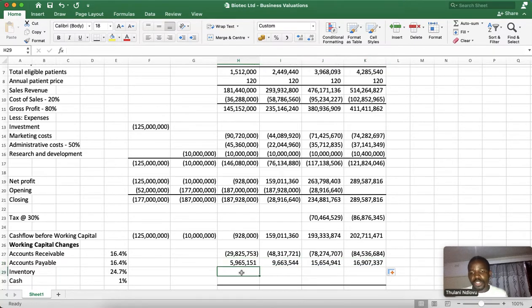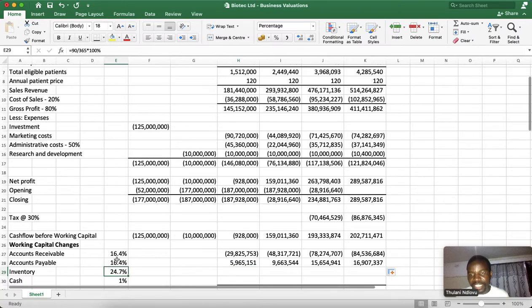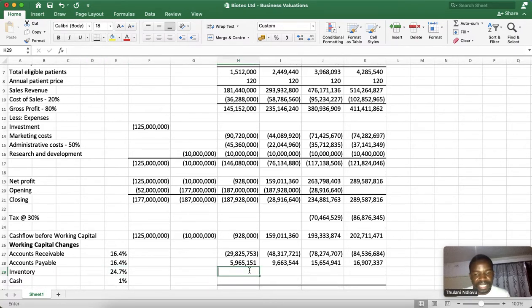Then we will also have our inventory, which is 90 days divided by 365 gives us 24.7%. So we say this one, again, it should be a negative, multiplied by cost of sales. We get a negative as inventory needs funding.